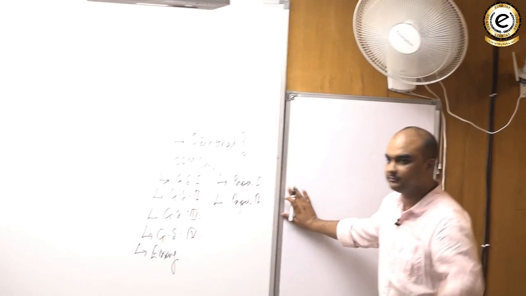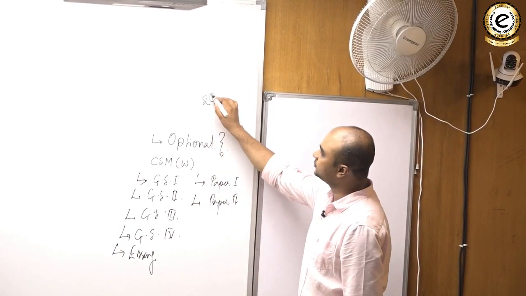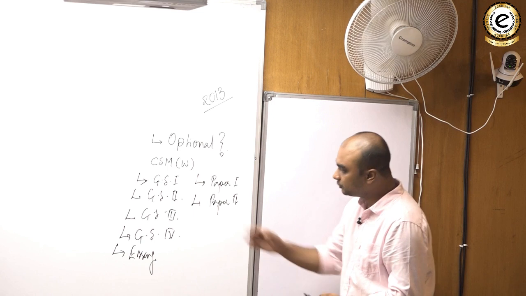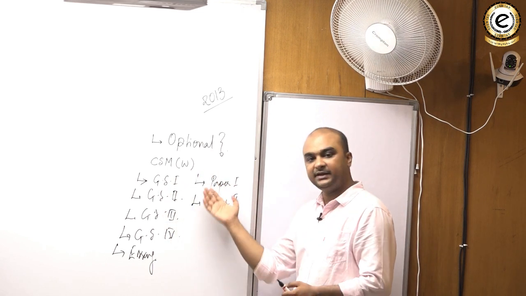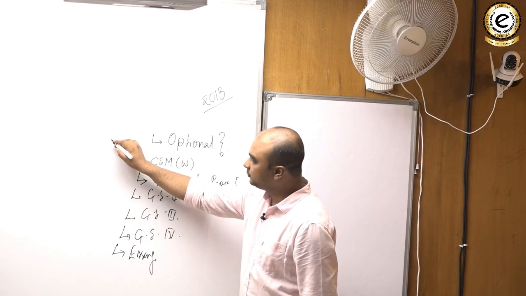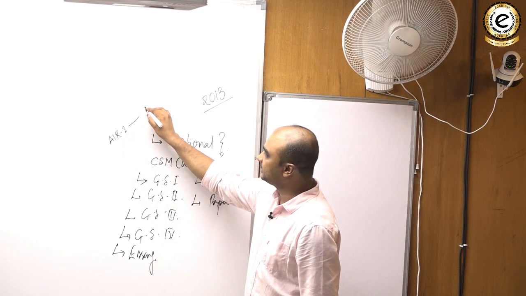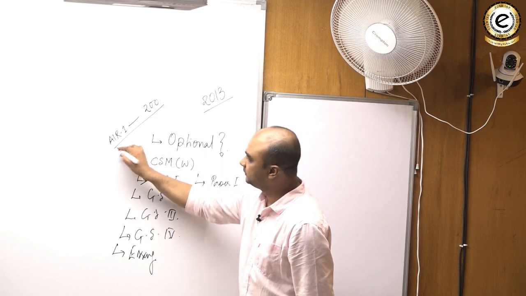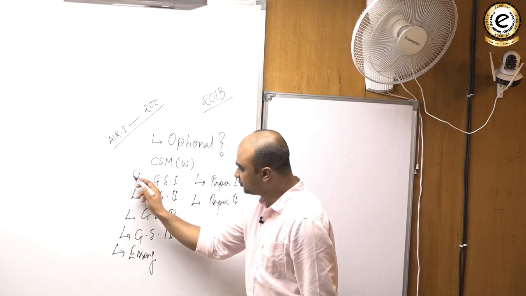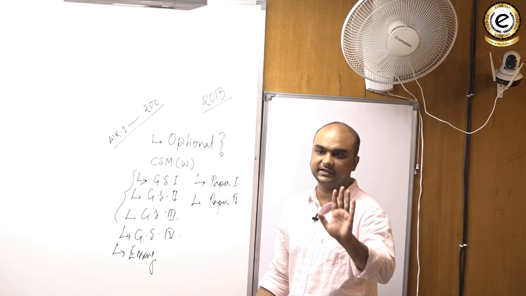Now, look here. If you analyze the previous years' results, especially from the year 2013 onwards, when UPSC amended its syllabus, introduced new GS papers and eliminated one optional. We're clear with that? You would see that if you look at those whose rank is between first to say 200, most of the top scorers, when it comes to GS1, GS2 and GS3, there is not much difference in their marks.